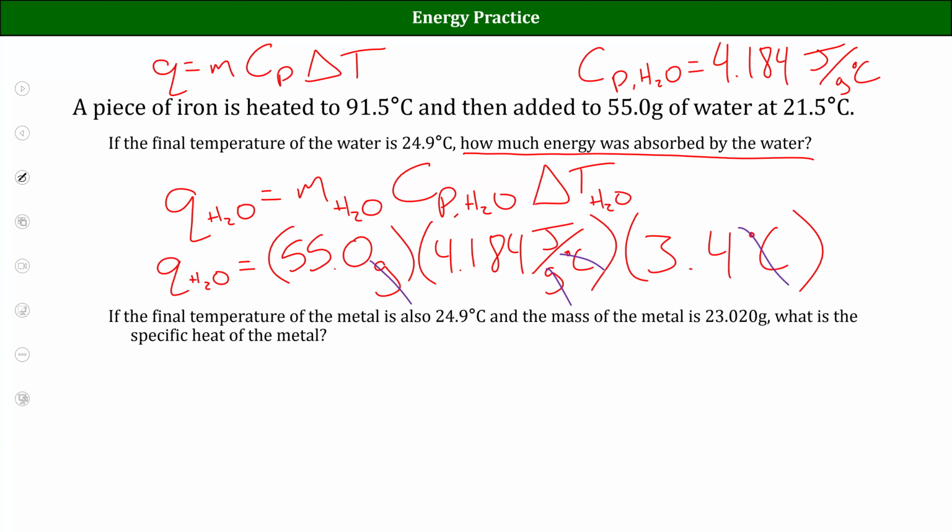This is the version we're used to using, because we work in joules mostly when dealing with energy in this class. But any energy unit has its own specific heat of water, and every substance is going to have its own specific heat.